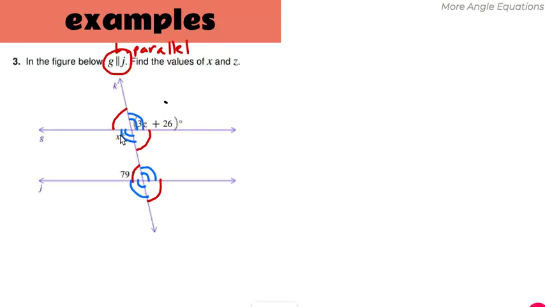So what you may see here is that this x is one of my blue angles here, so that means this angle also equals x, right? I can figure out x because these two angles add up to 180 degrees.